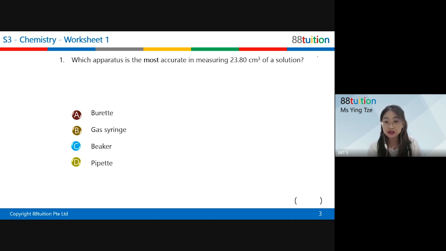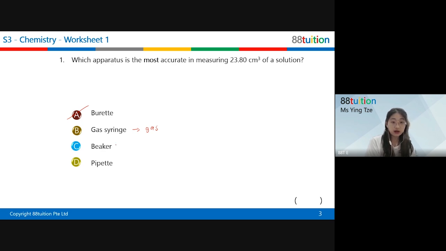Okay, any other answers? Those who said A are correct, right? The answer is A because gas syringe is to measure gas.